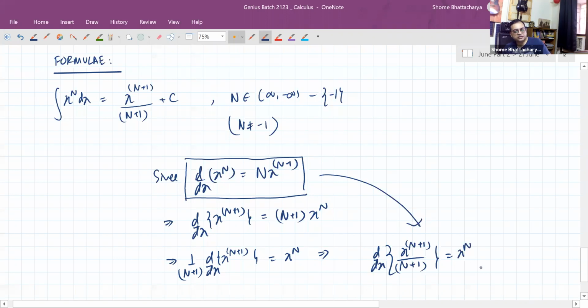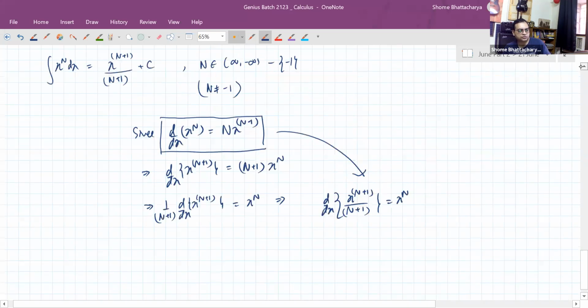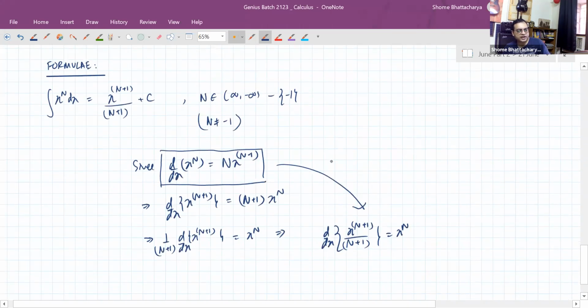Or in general, we can generalize this by taking a constant also inside, because you know that derivative of a constant is 0. So along with this fact, if we also use the property that differentiation of a constant is 0, we get that differentiation of any term like this is equal to x to the power n.